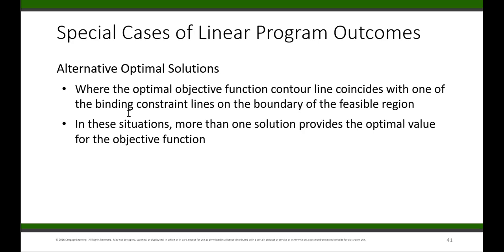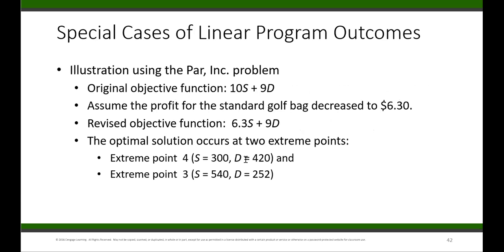So if that happens, then we will have multiple solutions. Let me just show you the next slide, the example with the Par company, parking corporation example that we talked about.